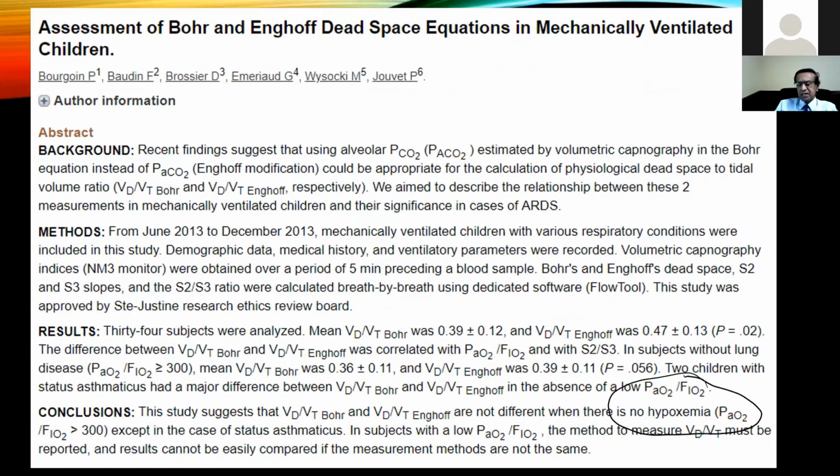And there are several studies in the literature where the Bohr and Enghoff dead space equations have been used in mechanically ventilated patients, in children, and even in patients with respiratory distress syndrome.